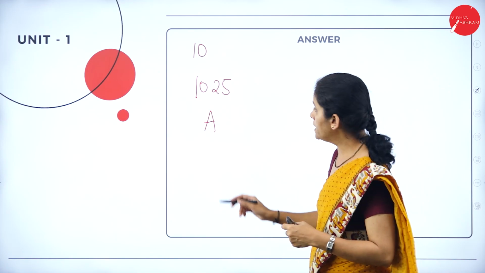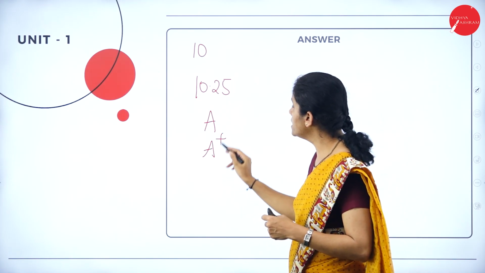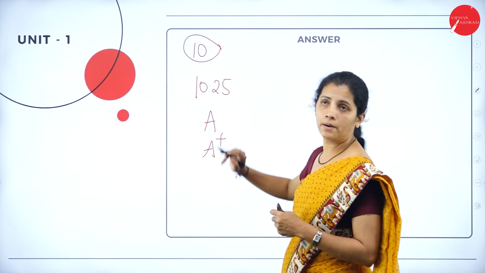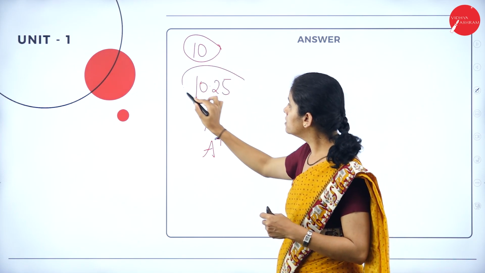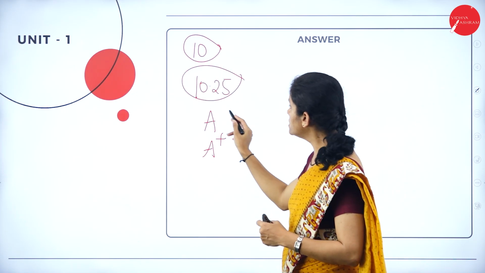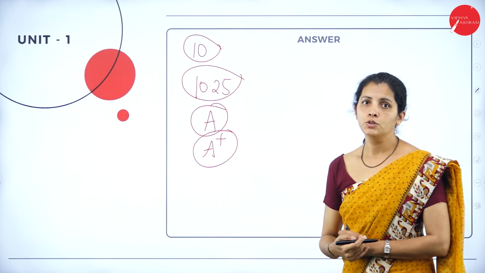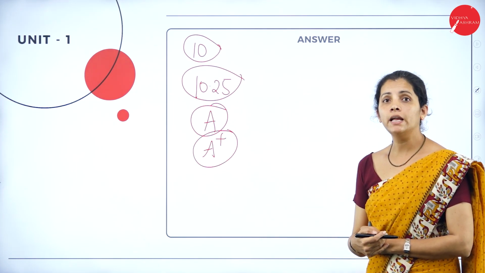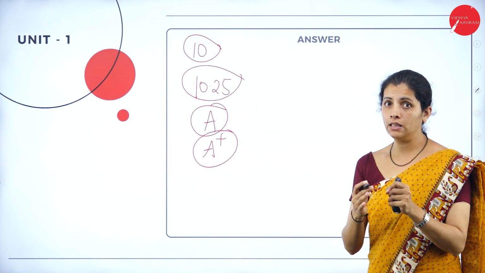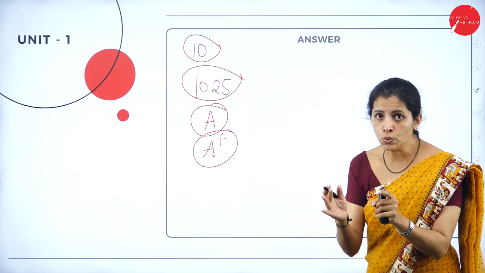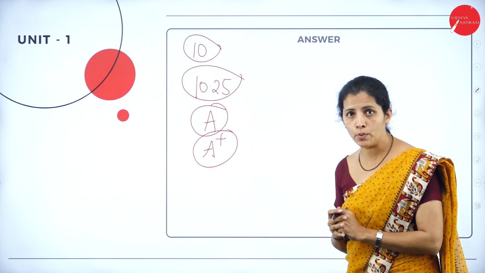Sometimes it is A plus. See here, it is a whole number. Okay, it is a fraction, single character, multiple characters. So what is data type? Data types are nothing but the type of value I'm going to use in my program.